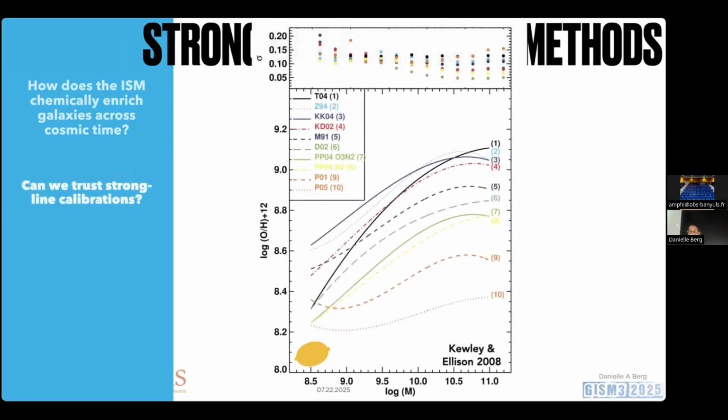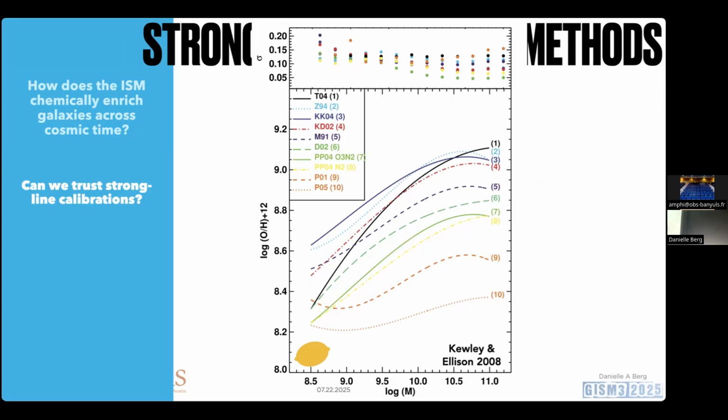Now, one of the things I like to warn people about, because people will often, this is one of my favorite papers for strong lines still, Kewley and Ellison 2008, is if you look at the dispersion of a bunch of different strong line methods, you're like, that's not that bad. 0.1, 0.2. But look at the differences in the offsets and the slopes.